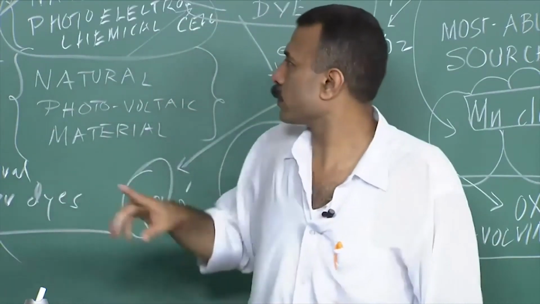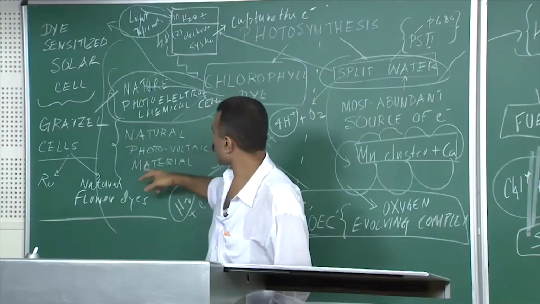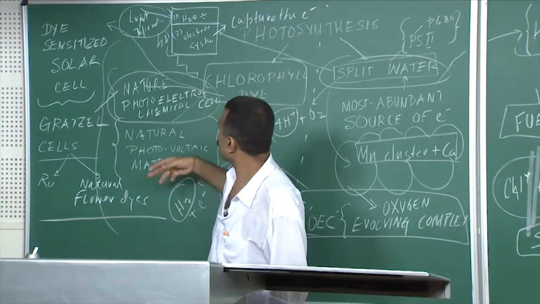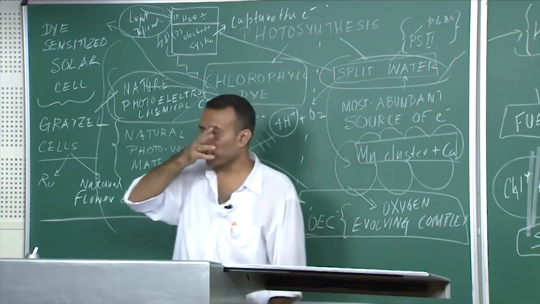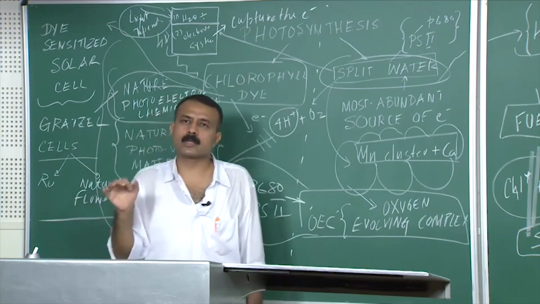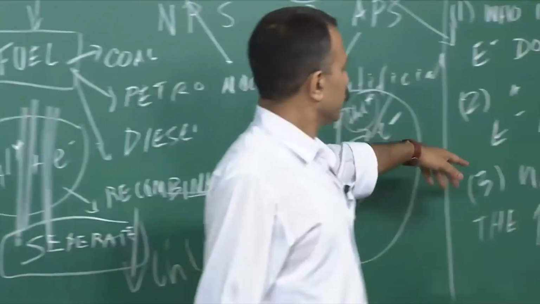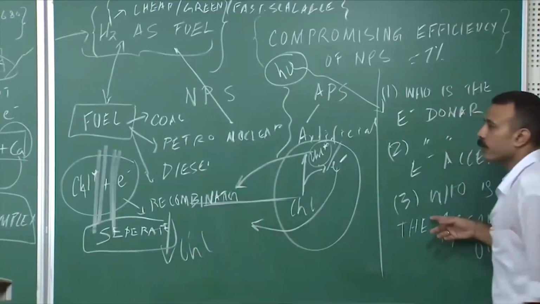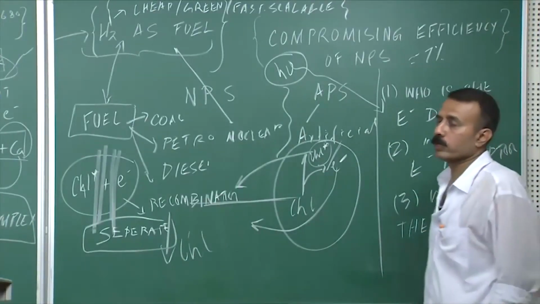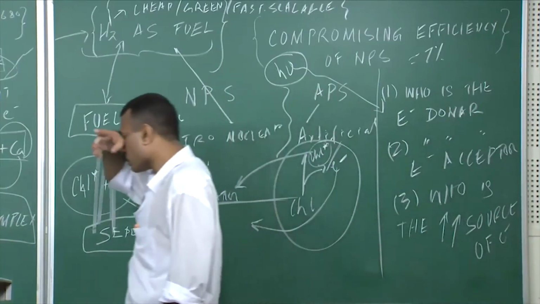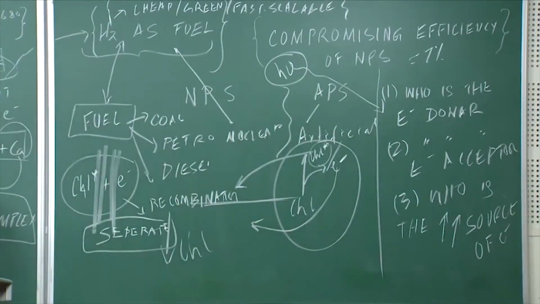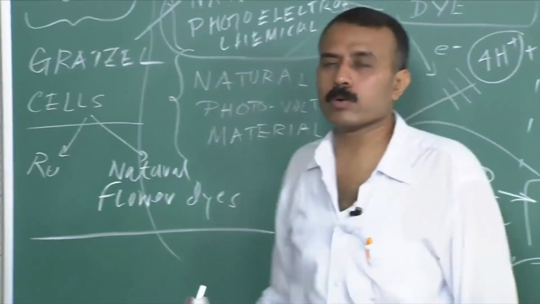But whenever we talk about those kinds of dyes, they always needed a system, as I was trying to tell you. You always needed a source of electron which will ensure that once they get oxidized by donating an electron, they are brought back to their ground state.